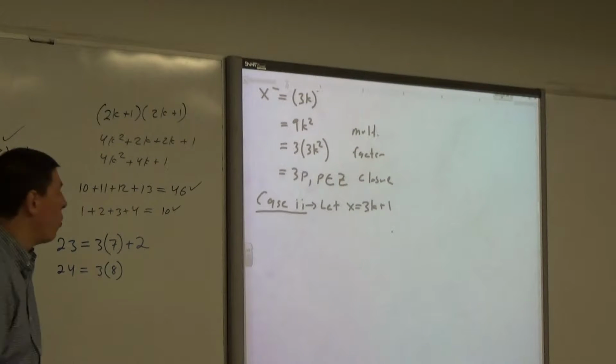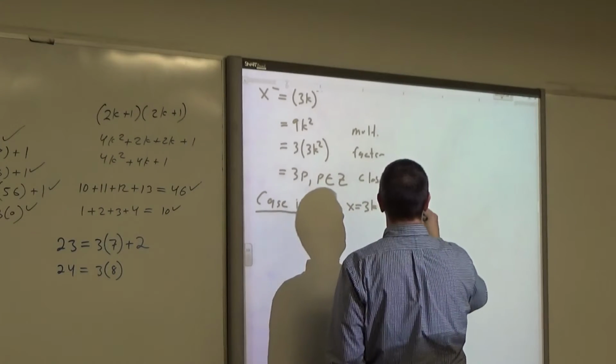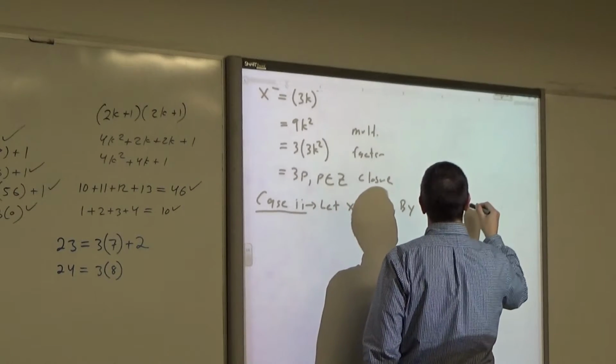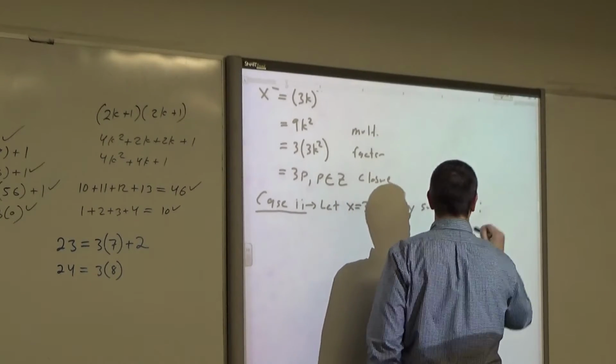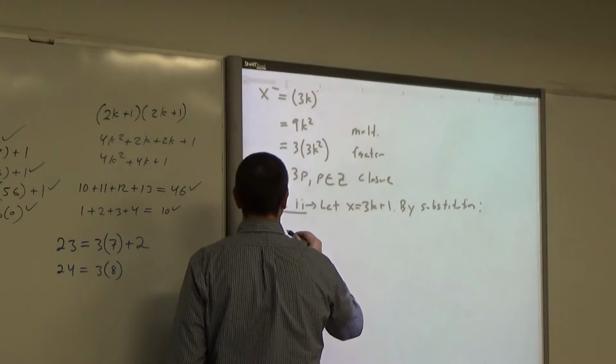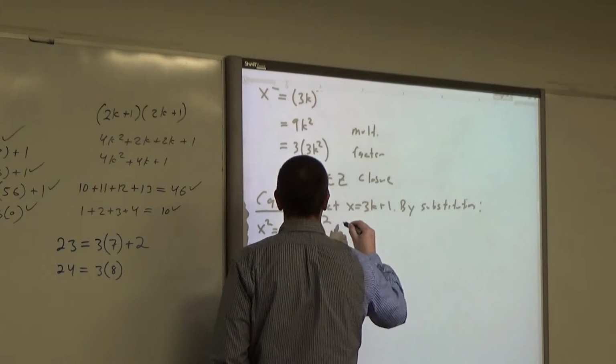Okay, so we're going to let x be equal to 3k plus 1. We're going to substitute. So by substitution, we can say that x squared is going to be equal to quantity 3k plus 1 squared.